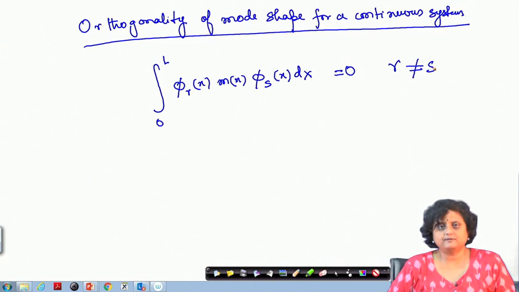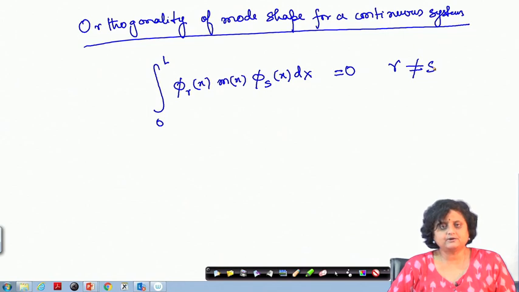The only difference is that since here the mode shapes are a continuous function of the spatial dimension, that is x, we have to find the integral of the mode shape with respect to the mass distribution, and that integral is equal to 0.